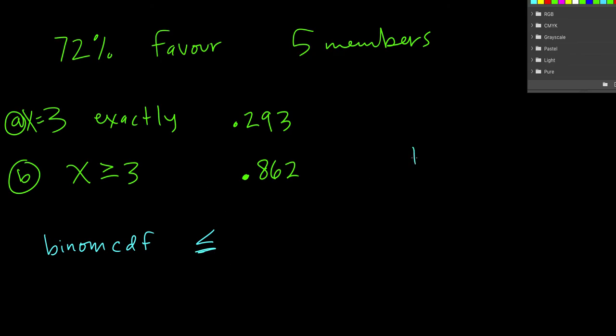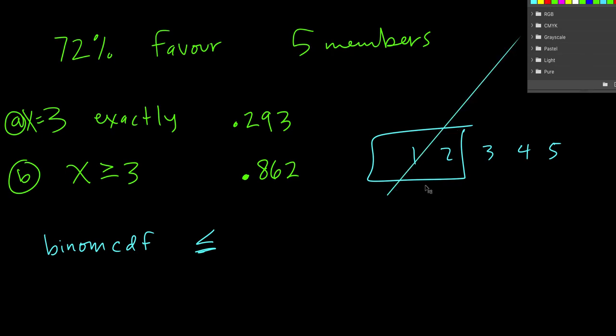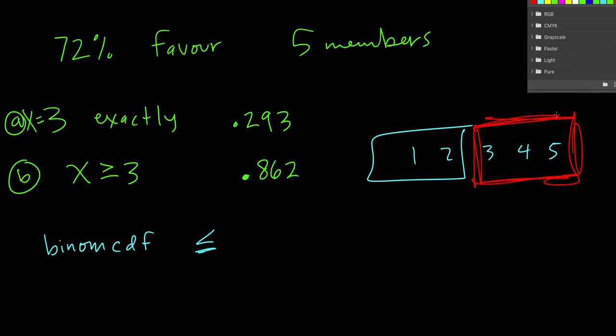So if we have the possible outcomes of 1, 2, 3, 4, and 5 people being in favor of it, what this is going to return when we just plug in the data, so if we just plug in 5, 0.72 and 2, is the probability that we'll have 1 or 2 people in favor. And so it gives us the complement of what we want. And so we just need to do 1 minus that, and that will give us the final answer, which is that.